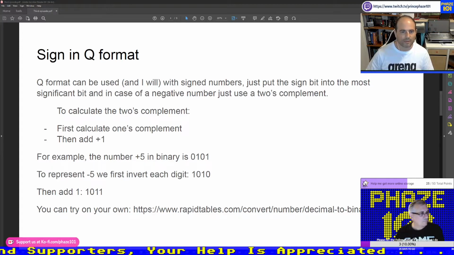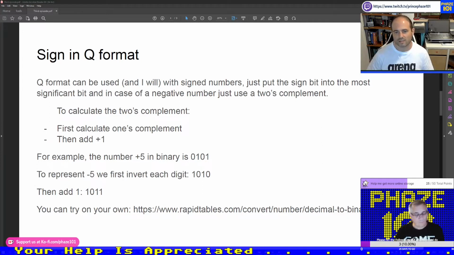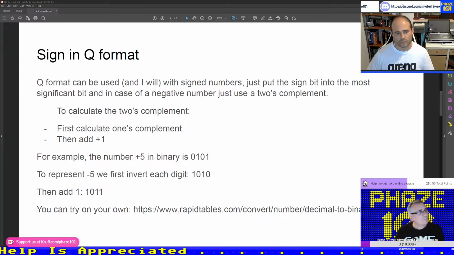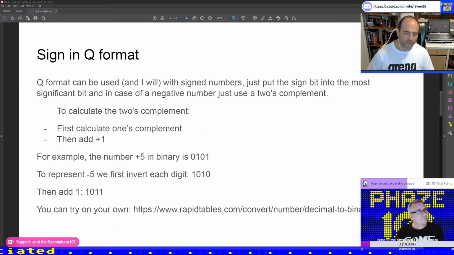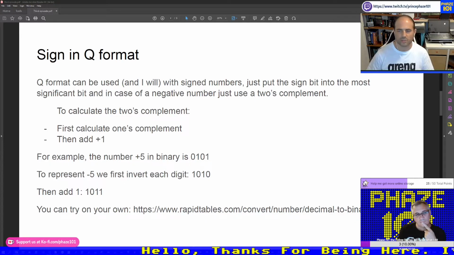For example, the number plus 5, as I already told you, in binary is 101. If we want to represent minus 5, we must invert its digits, the equivalent of the not instruction, and it becomes 1010. Then you just add 1, and that's it. You have your result, and this is quite straightforward. And all these rules still apply when you use this Q format.